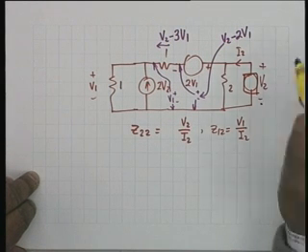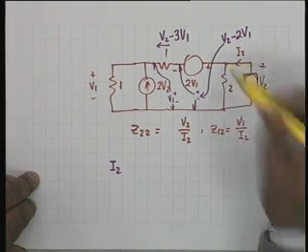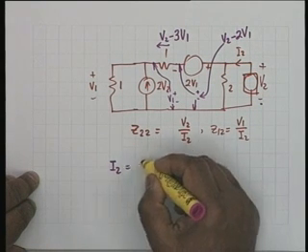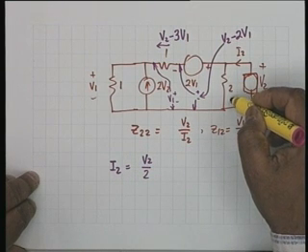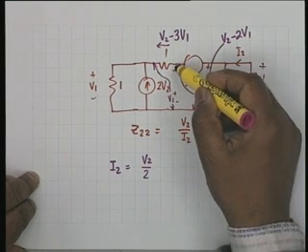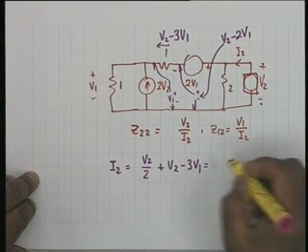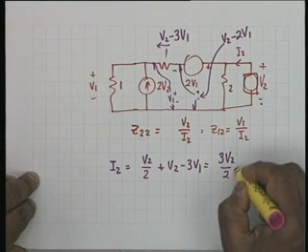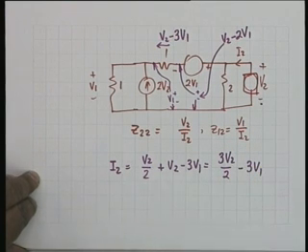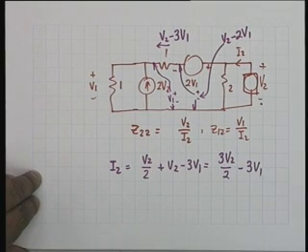And then all that you have to do is to write the node equation at this node. I2 would be equal to V2 by 2, it is this current, plus the current that goes via this branch, which is V2 minus 3V1, that is equal to 3V2 by 2 minus 3V1. Agreed? I2 equal to 3V2 by 2 minus 3V1.